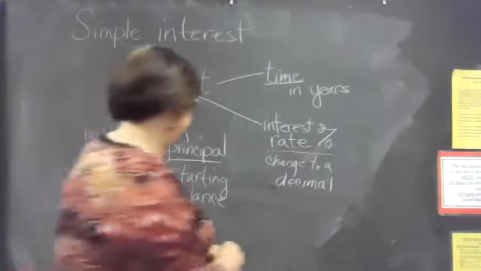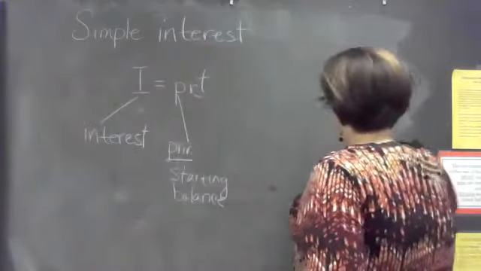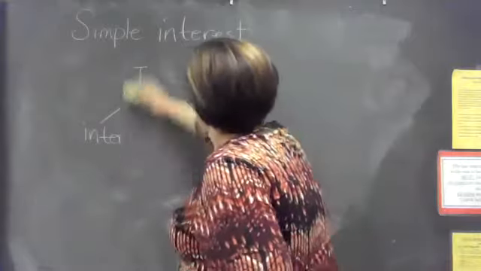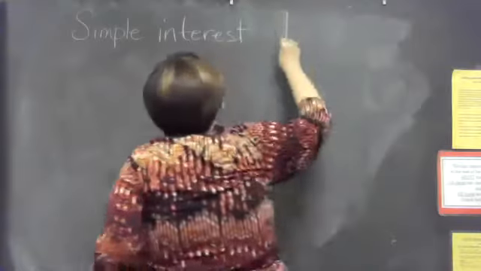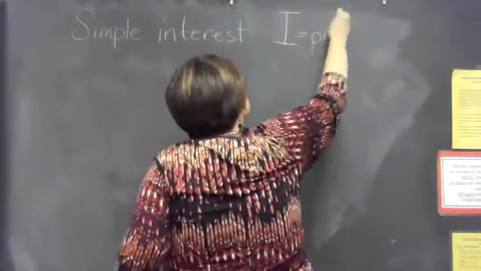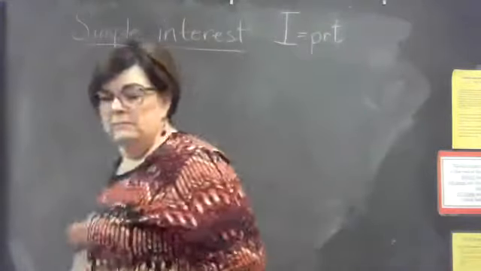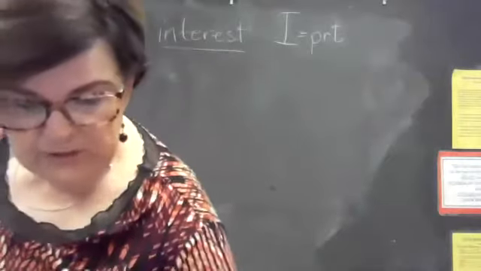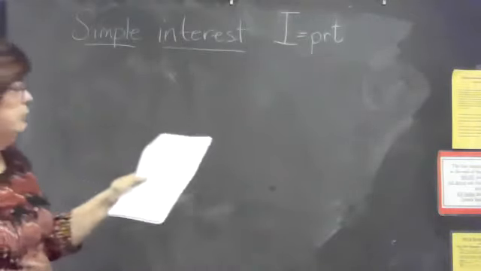Okay, let me get some room here. I'll put the formula up here: interest equals principal times rate times time. Let's skip around and go to number 5. I'm not going to write it up here, but I will read it to you.